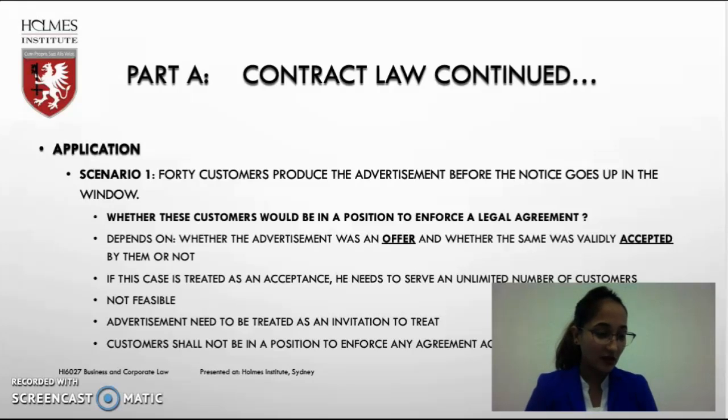If this is treated as an offer, he needs to serve an unlimited number of customers, which is not feasible. So the advertisement needs to be treated as an invitation to trade, and customers shall not be in a position to enforce any agreement against Hairlines.